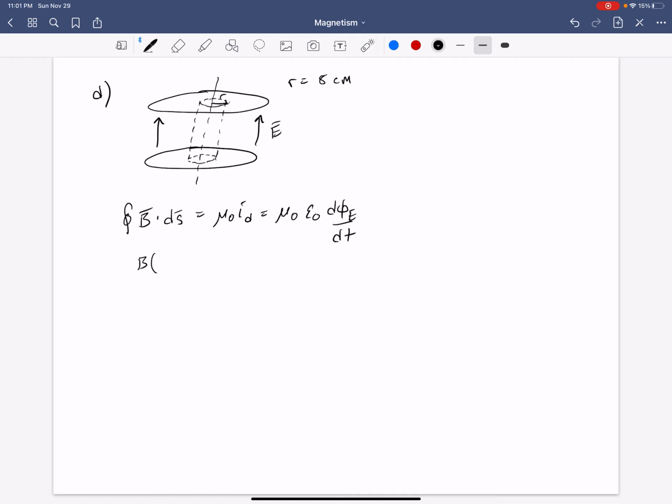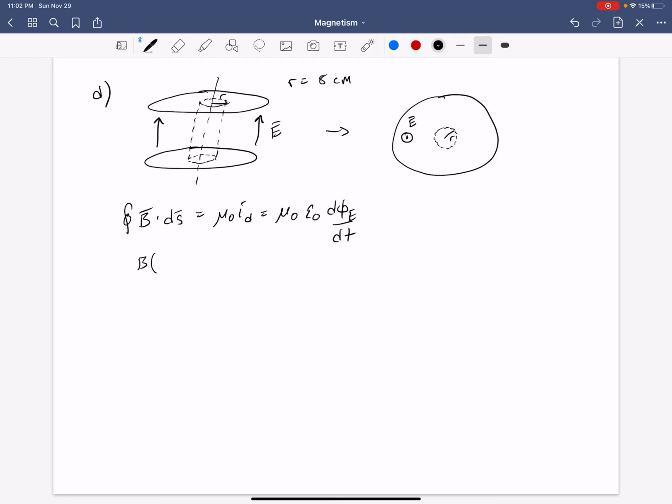Tell you what, let me draw that scenario from a top-down view, right? So here's the upper plate, if you will, and then we have that small circle of radius r, like that. The electric field is coming up towards us, which means it's like that.